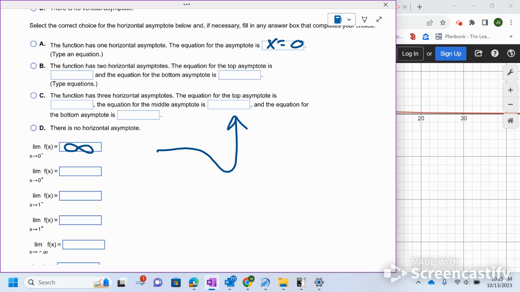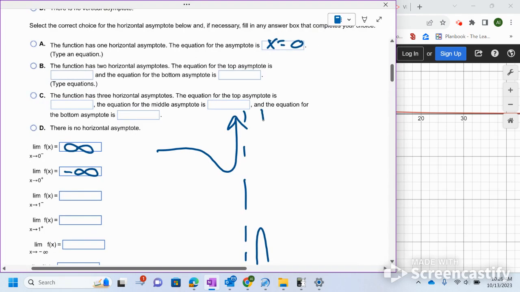As we go towards 0 from the right, remember it had way down here a little parabola going down. So as we're going towards 0 from the right, where are we going? Negative infinity.